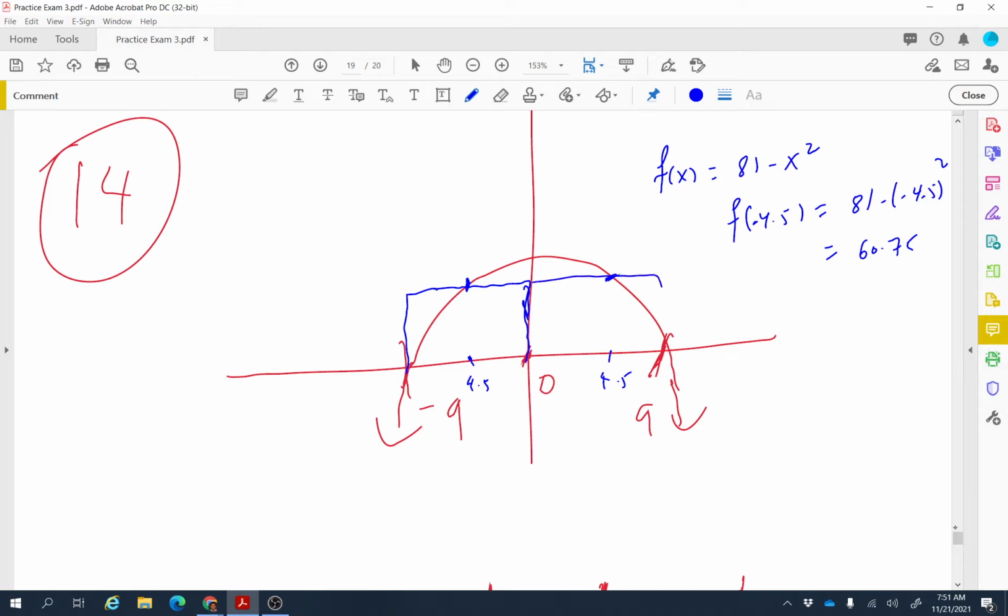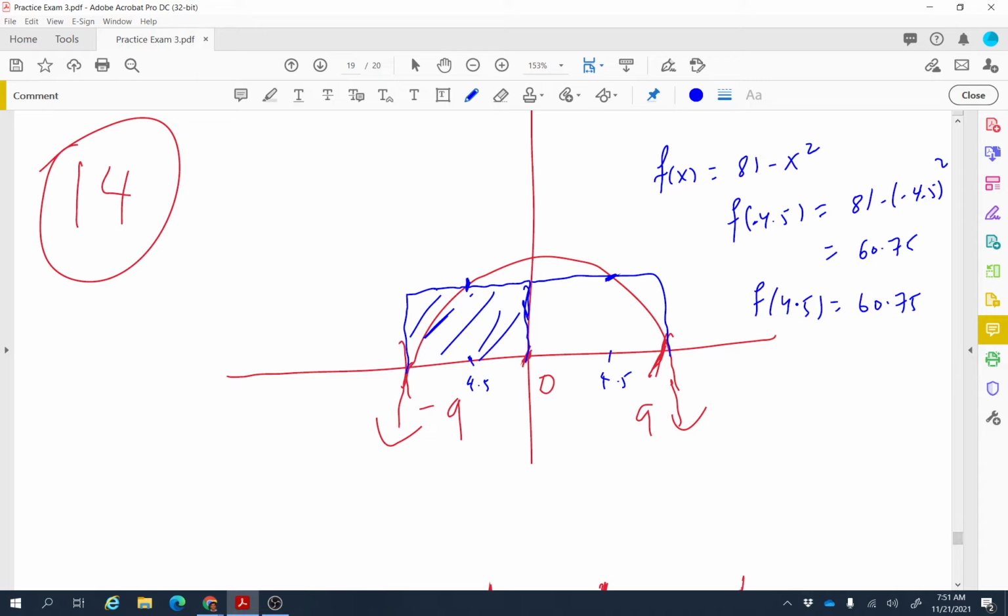So from here to here we're going to create another, but the height would be the same, the value of the function at negative 4.5 and positive 4.5 would be the same number. So we just have to find the area of this part and this part, which is basically the same area.